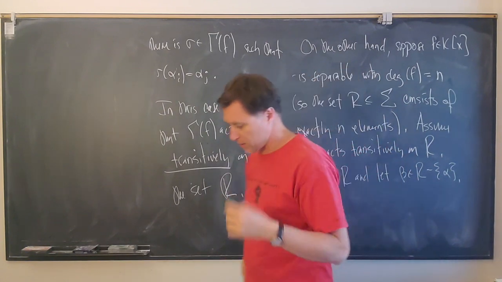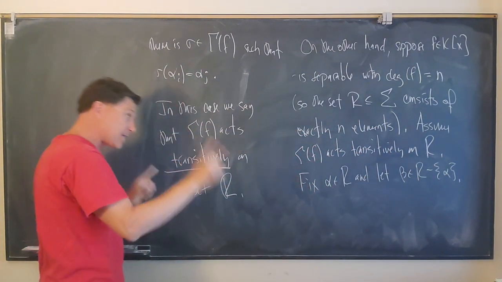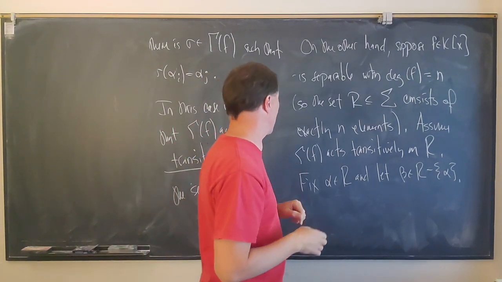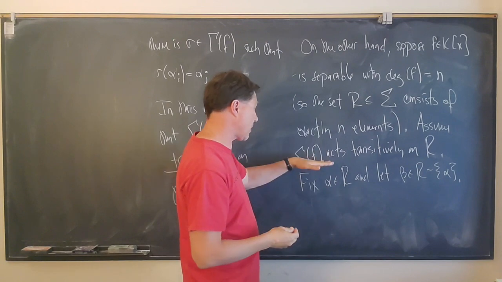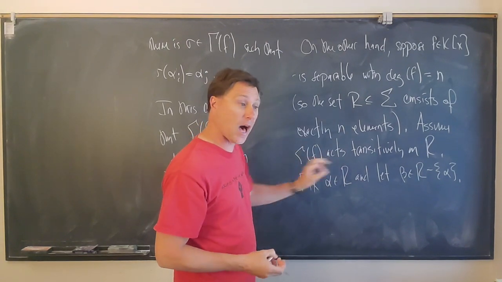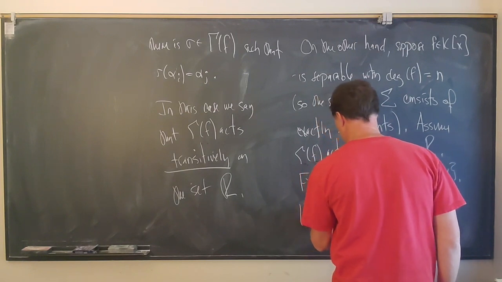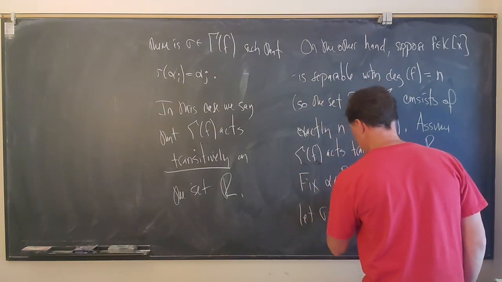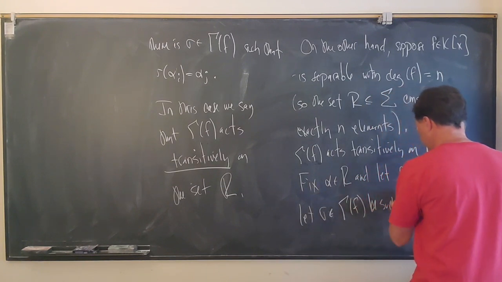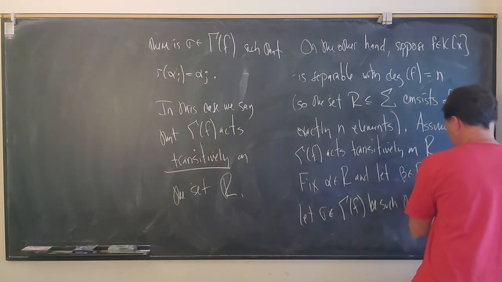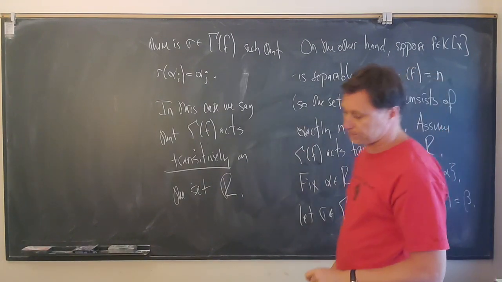Because of our assumption of transitivity, we know that there is some sigma in the Galois group of f that takes alpha to beta. So let sigma in the Galois group of f be such that sigma of alpha equals beta.